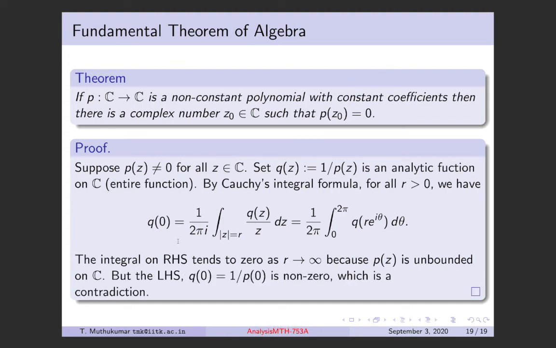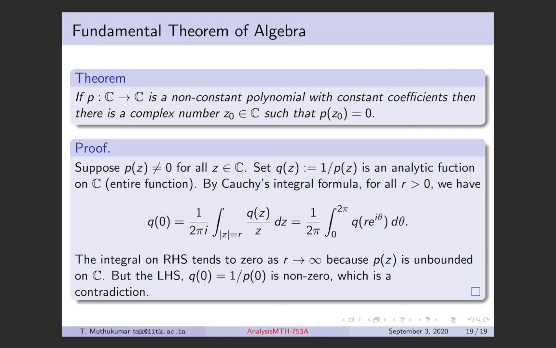Whereas what you have here is q(0), which is non-zero because q(0) by definition is 1 over p(0), right? If this has to be 0, p(0) would have to be infinity, which is not the case. So p(0) is a constant, whatever you have, that a0 that you had.